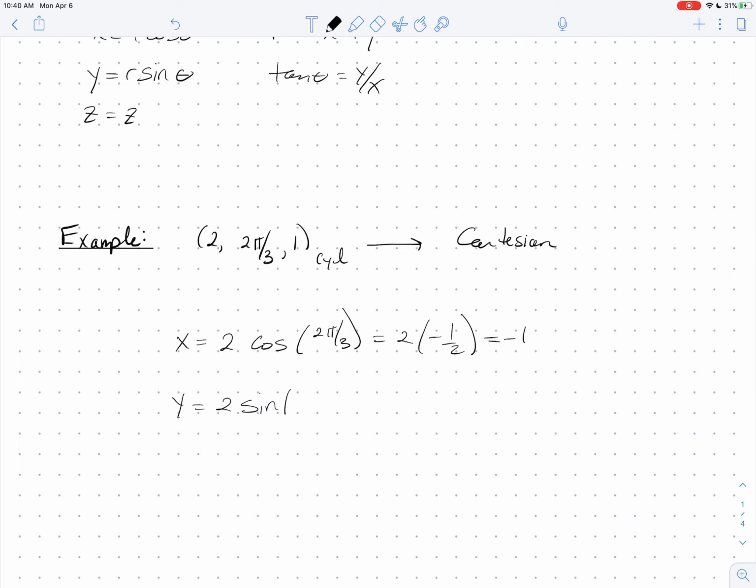Y is r sine theta, so 2 sine 2 pi thirds, which is 2 root 3 halves, which is just root 3. And then, of course, z is just z, so z is 1. And so the point in regular Cartesian coordinates would be (-1, root 3, 1). That's how you can go from cylindrical to Cartesian.